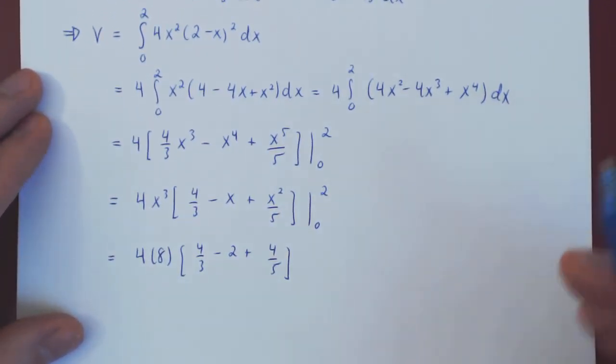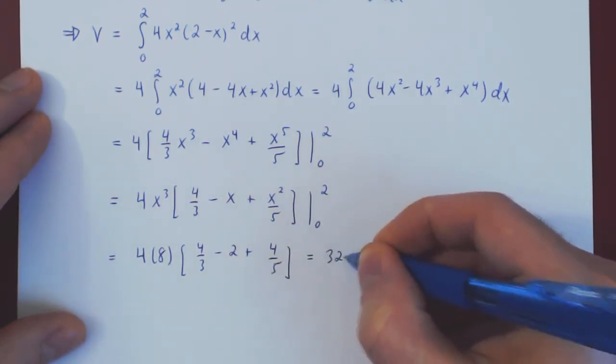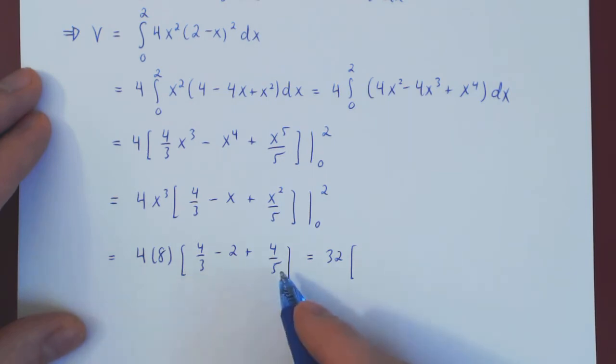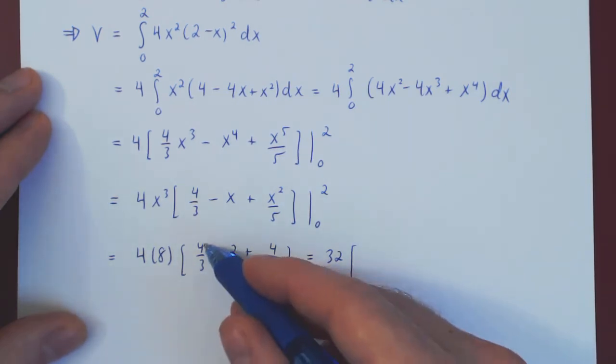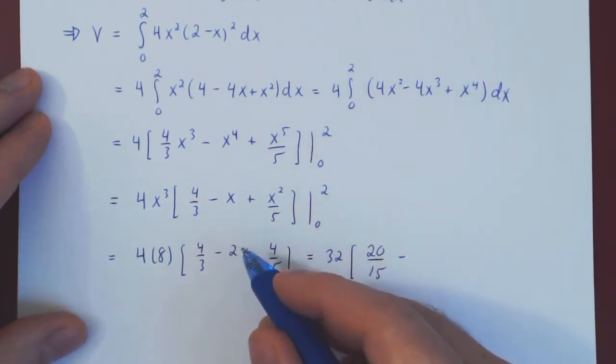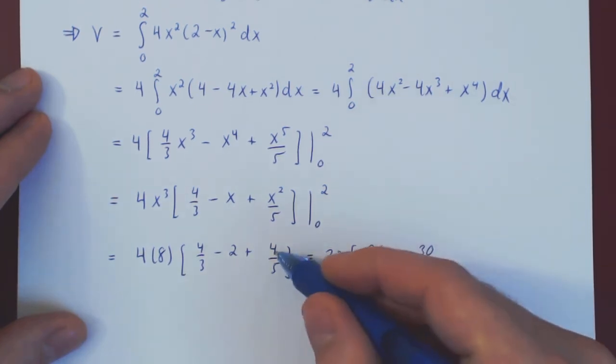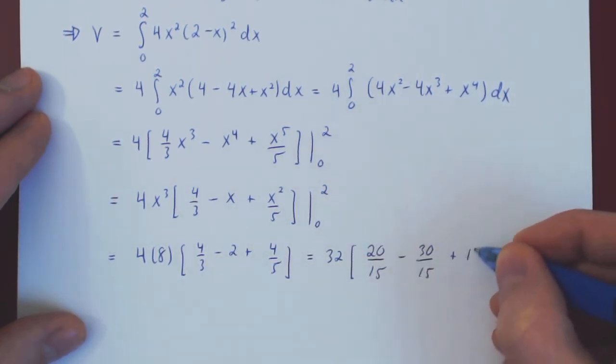Let us now simplify into a single fraction. 4 times 8 is 32. We'll put every term over 15. So 5 over 5 will give you 20 over 15, minus 15 over 15, 30 over 15, times 3 over 3, 12 over 15.